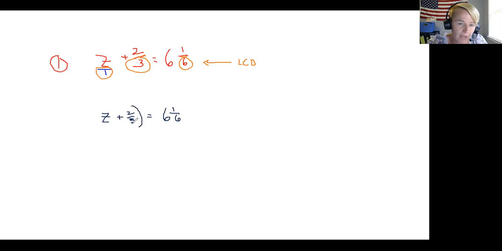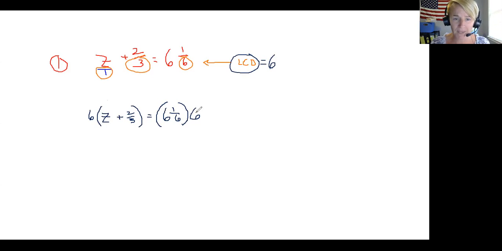Then what I do is I multiply this entire thing by this LCD of 6. I multiply the entire thing by my LCD, and what you do to one side, you have to do to the other. So I'm literally just multiplying both sides separately by the LCD, my lowest common denominator.